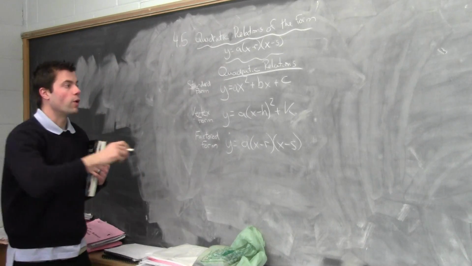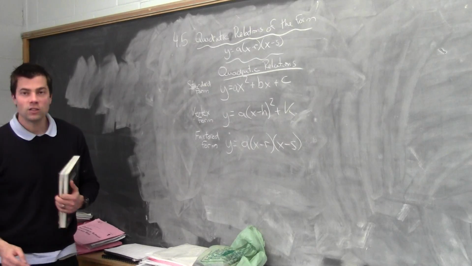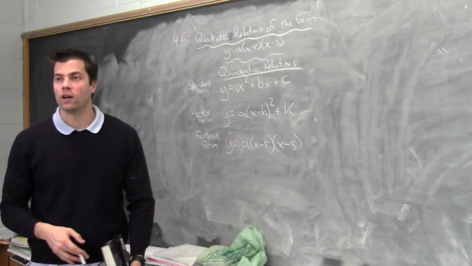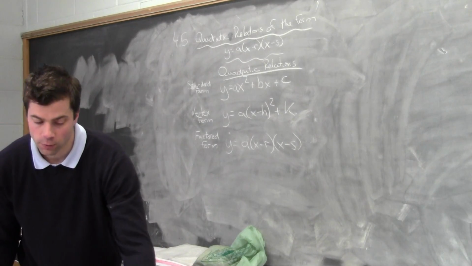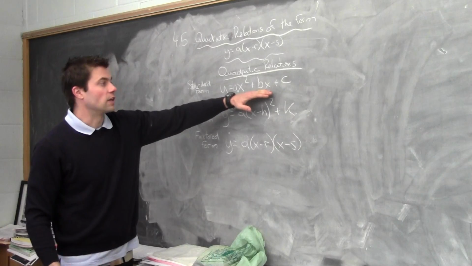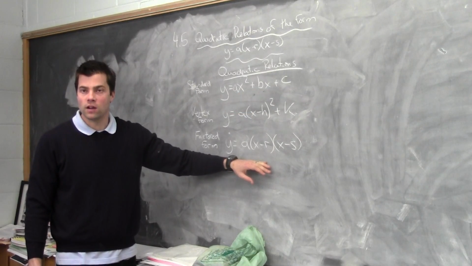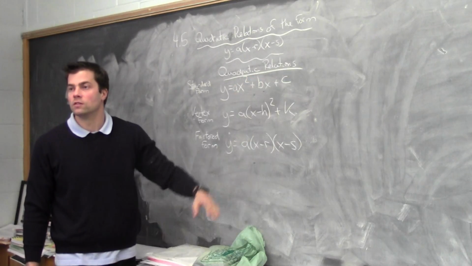There are 3 different ways that we can show quadratics. Each one of these can represent the exact same graph, so don't get confused. You could have a question that is written that looks like this, one that looks like this, and one that looks like this. By the end of this course, you are going to be able to convert between these 3.